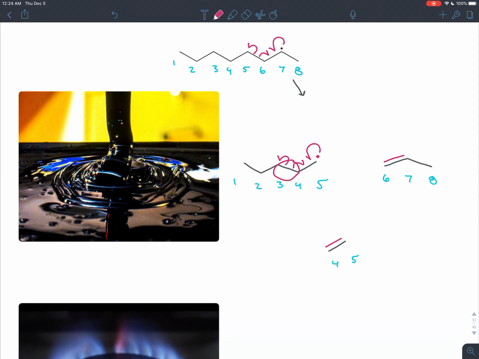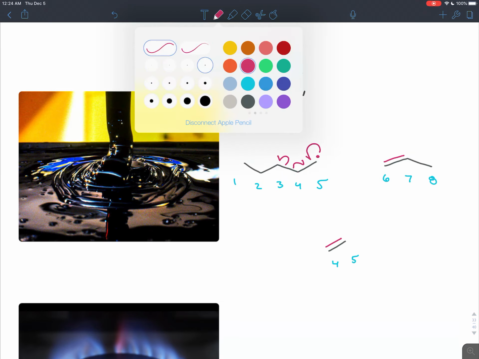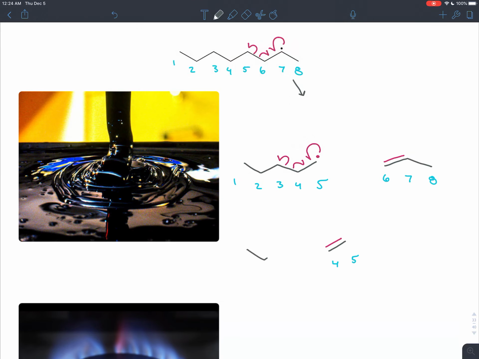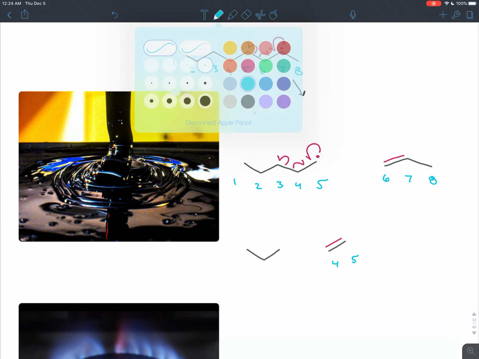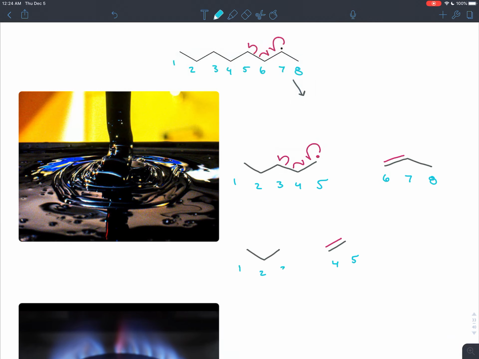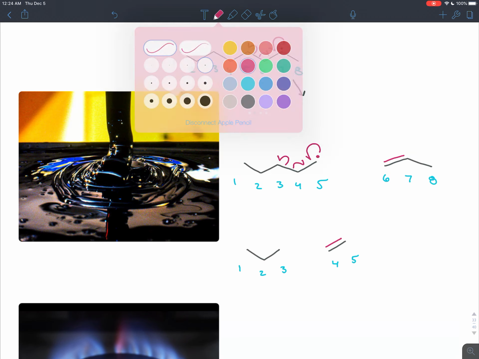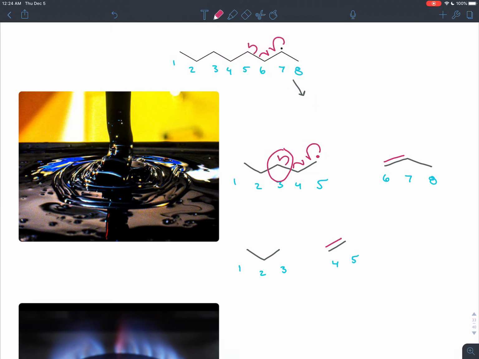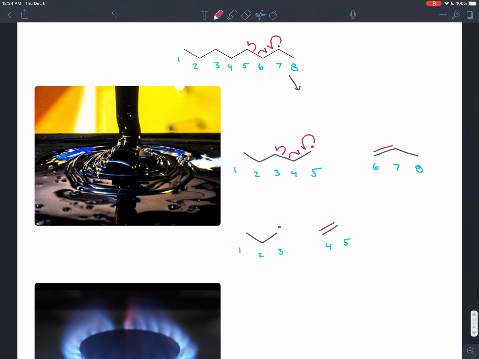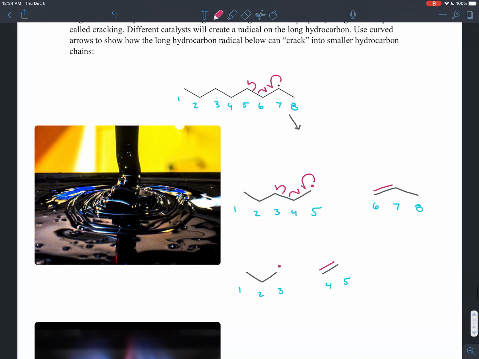Then we broke the bond between carbons 3 and 4, so the first 3 carbons will be separated from it. And we formed a new radical on carbon number 3. So you could see how the process could continue and you crack the new radical into even smaller molecules.